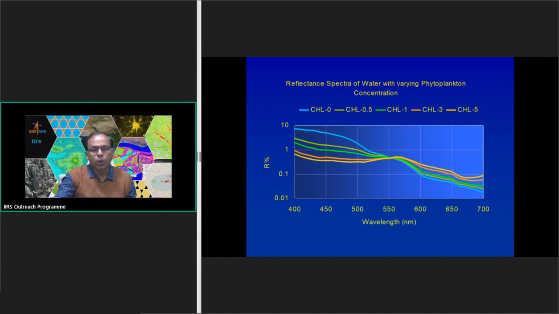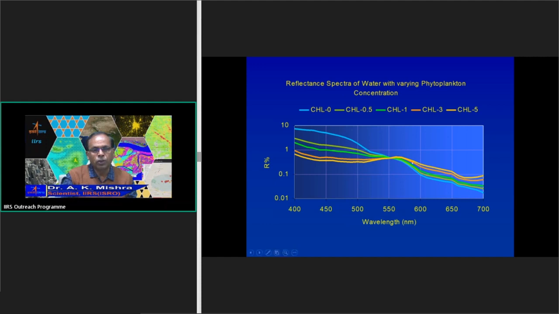If you know backscattering and absorption coefficient of phytoplankton, and then if we model from zero chlorophyll concentration water to chlorophyll concentration 5 milligram per meter cube, you are getting different reflectance spectra, and the reflectance is decreasing at the blue end of the spectrum as chlorophyll concentration keeps increasing, but you are finding a hinge point around 550 nanometer.